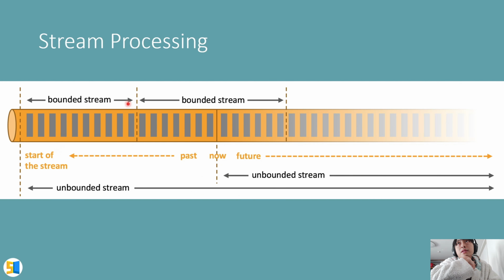Bounded means that it has the start of the stream and the end of the stream. Unbounded has the start of the stream, but it doesn't have the end of the stream, so it will continuously consume the data, technically until we shut down the system. So there is no endpoint here.